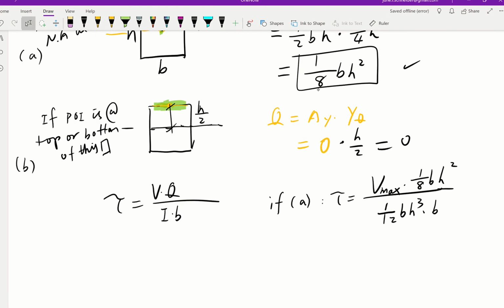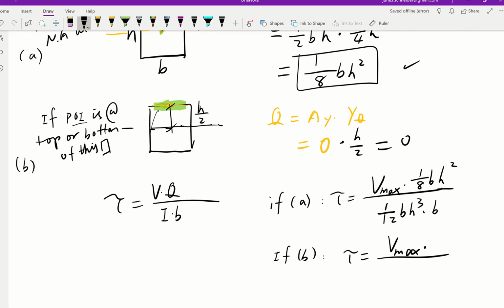Then if it's B, if point of interest is at the top edge, what do we get? Even if we get a maximum shear, remember the maximum shear is going to be the location on the beam. Like for example, x equal to 2, that's going to be at the midpoint, you're going to get maximum shear. However, this point of interest is basically when you slice it down, you get this cross section.